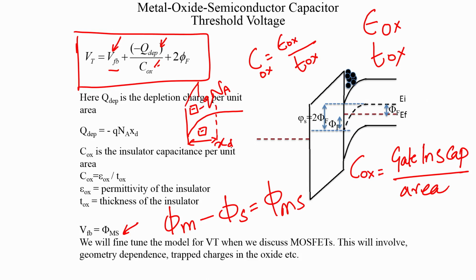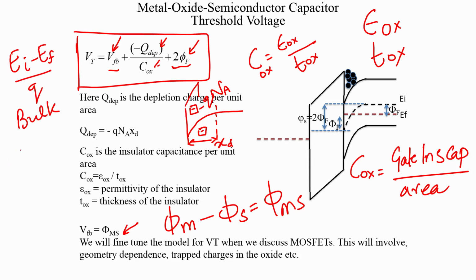And what is phi f? 2 phi f is the surface potential at the interface when you have hit threshold voltage. But what is phi f? Phi f is the Ei minus EF by q in the bulk, right. And how do you know what is Ei minus EF by q in the bulk?